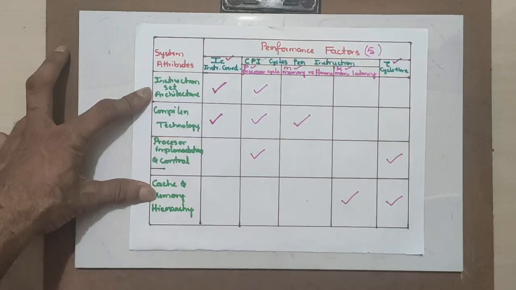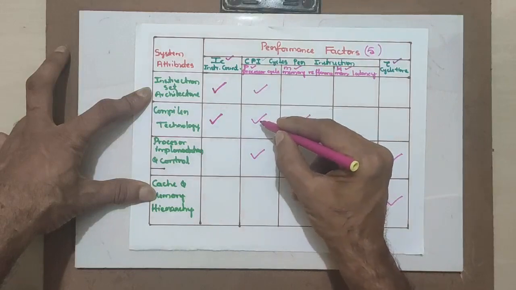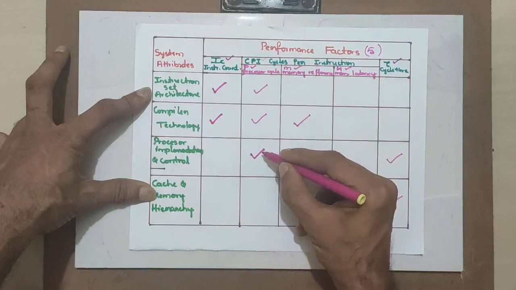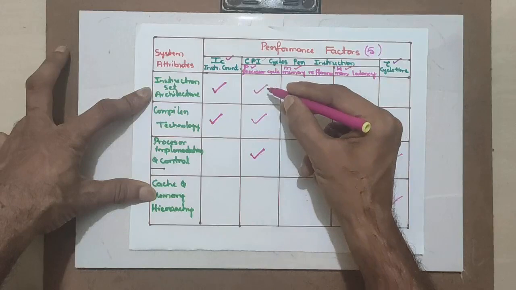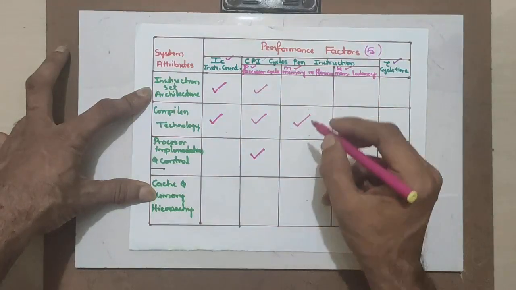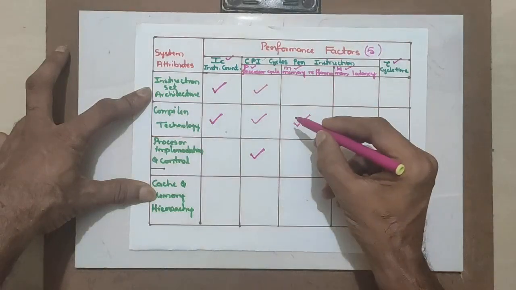Next, the processor cycle. Obviously, the processor cycle depends upon the instruction set architecture, compiler technology and the processor implementation and control, mainly the processor implementation and control. These factors affect the processor cycle. Third, the memory reference or memory cycle depends on compiler technology.